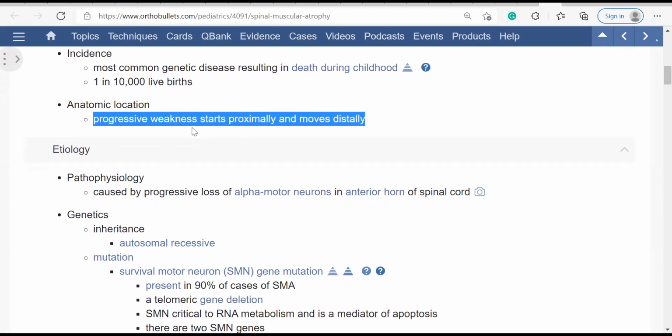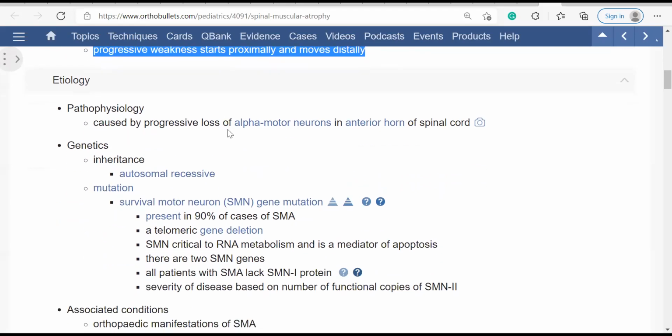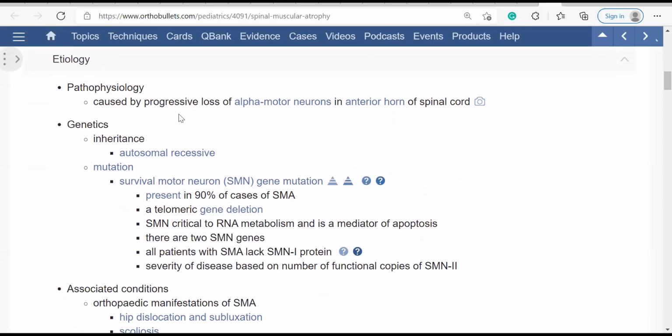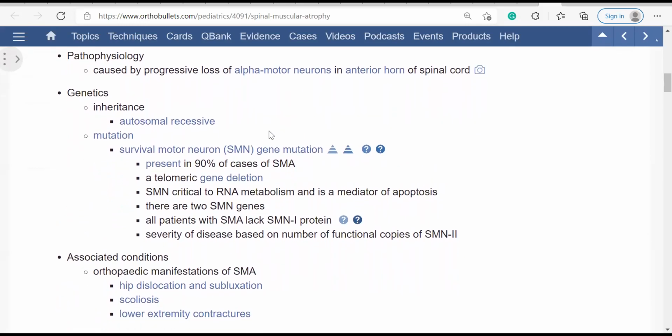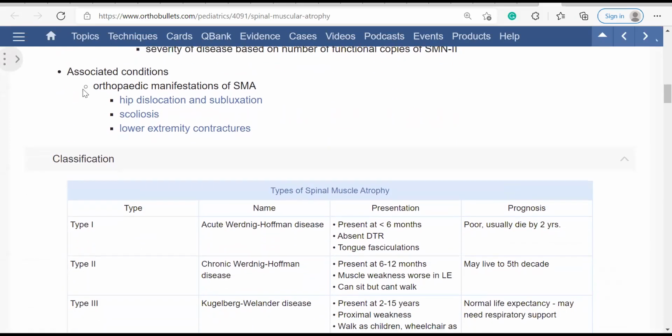So that's important. Usually the proximal muscle will be weaker in here more than the distal muscle. Pathophysiology: progressive loss of alpha motor neurons in the anterior horn of the spinal cord. That means the motor neuron is involved in here, and this is an autosomal recessive one.